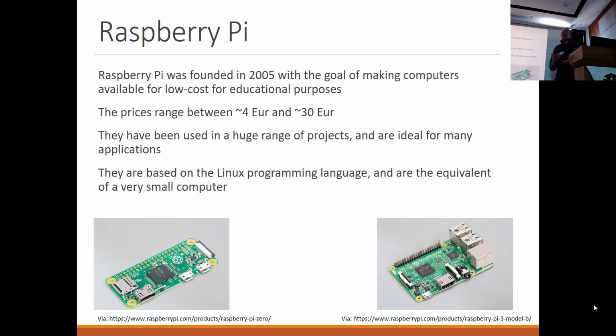Since then, there have been several different generations of them. This is the Raspberry Pi 3, and this is the newer, smaller one, the Raspberry Pi Zero. This is maybe 30 euros now, and this is something closer to 5 or 10.